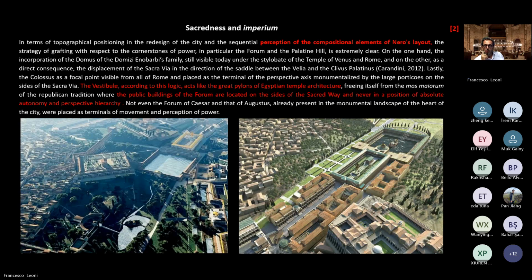So, all of those elements that used to compose the villa of Nero in Rome seem to work in a very paratactical way, that is, as I told you, in a way on the same level between all of them, insisting on the landscape of Rome in a position of absolute autonomy, without perspective hierarchy.